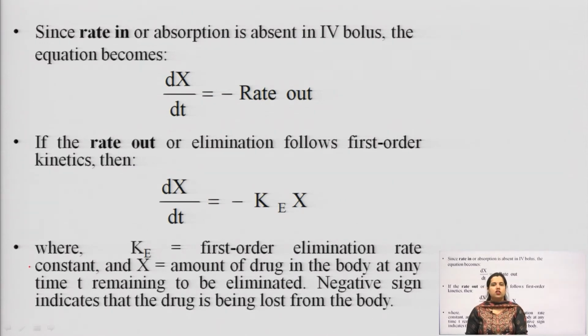If we take a tablet orally, first the tablet gets disintegrated, then dissolved, then absorption through the lumen takes place and then it goes to the blood. But when we administer a drug through IV injection, no absorption takes place, only distribution takes place directly.